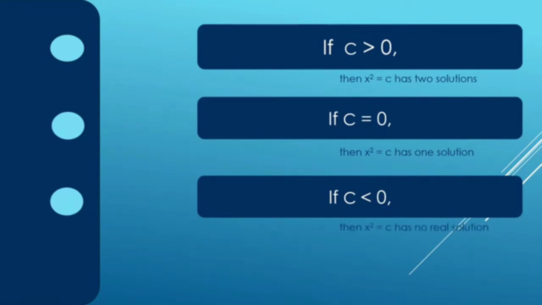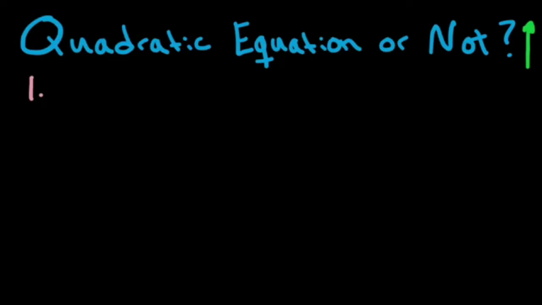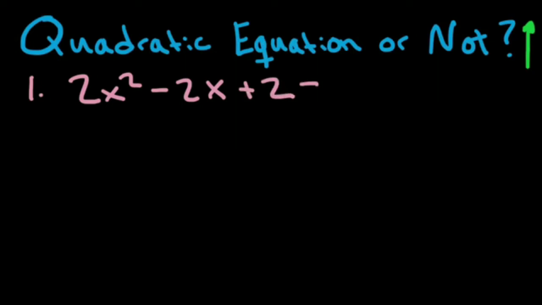no real solution. So let's start off with the equation 2x squared minus 2x plus 2 is equal to 0. Is this one a quadratic equation or not? Well, in order for it to be a quadratic equation, we need to have a variable raised to the second power, and also this has to be the variable with the highest exponent.